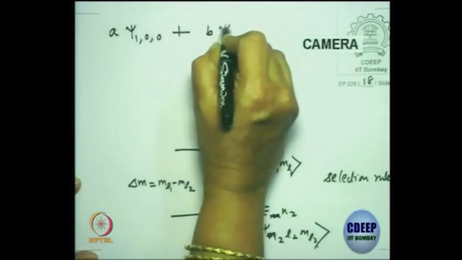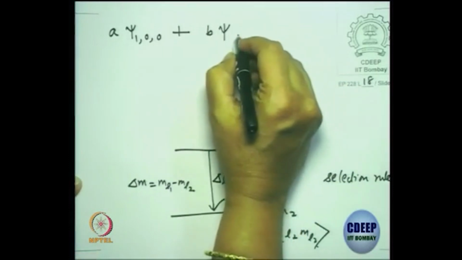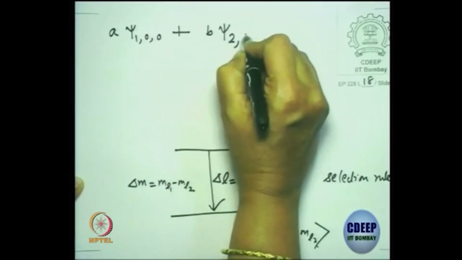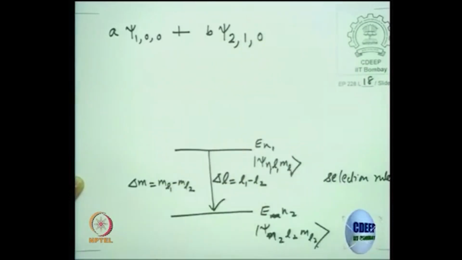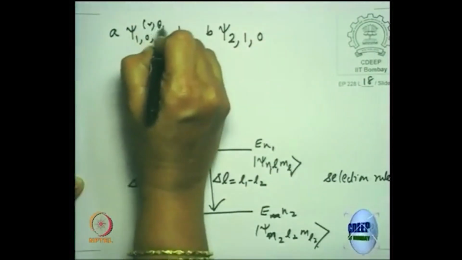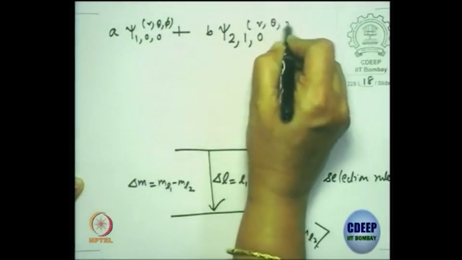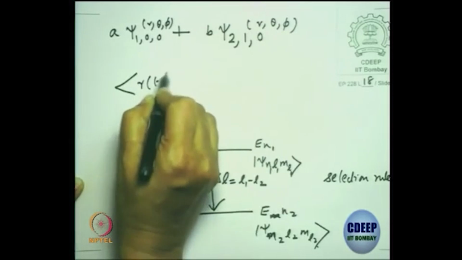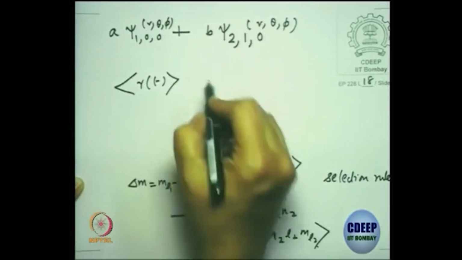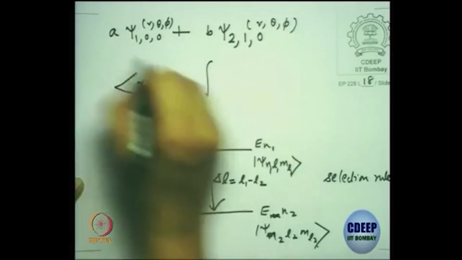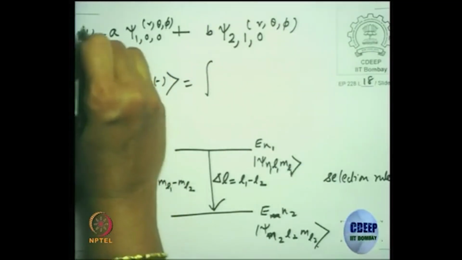So will you try to check, take this ground state. What is the ground state? It is 1 0 0, right? So take this ground state and take the other state, which is r theta phi, and do the expectation value of r of t, which is nothing but, someone calls this the superposed wave function, capital psi.